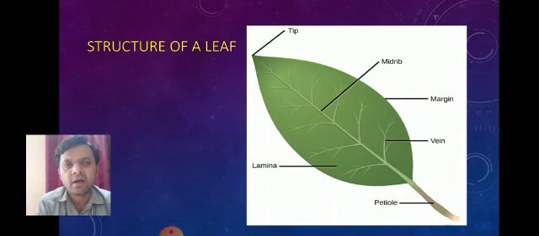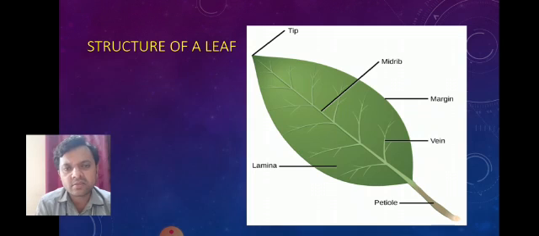That is called the midrib. The line in the middle of the leaf is called the midrib, you can see. Then the flat part, when you observe the leaf very carefully, when you hold the leaf in your hand, you will see a flat part. The flat part of a leaf is nothing but the lamina. This is called lamina.